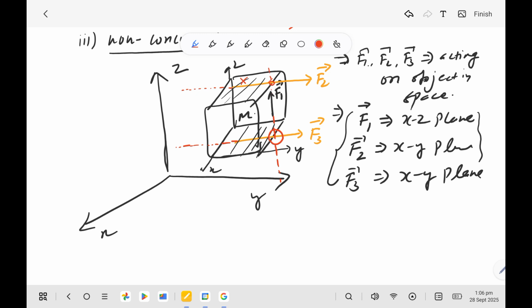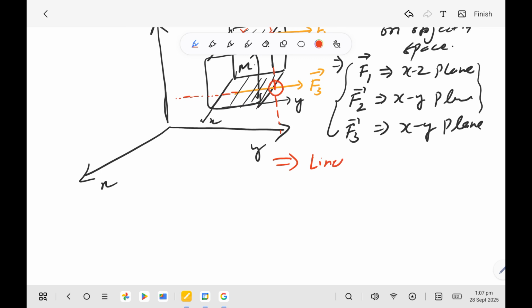So the forces acting on the body lie in different planes, and if we draw their lines of action in this space, there is no common meeting point.